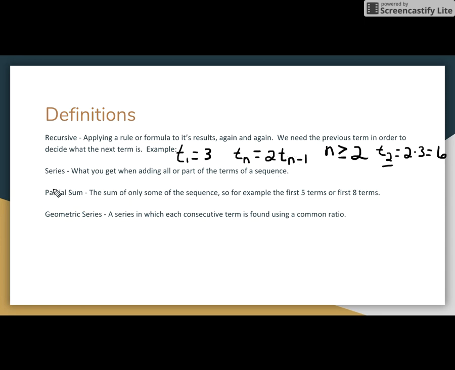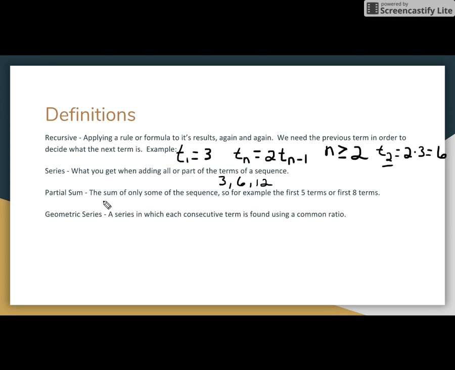A series is what you get when adding all or part of the terms of a sequence. In the prior example, the first two terms were 3, 6, and if we keep multiplying by 2, we have 12. When we add up the parts of the sequence, that gives us a series.